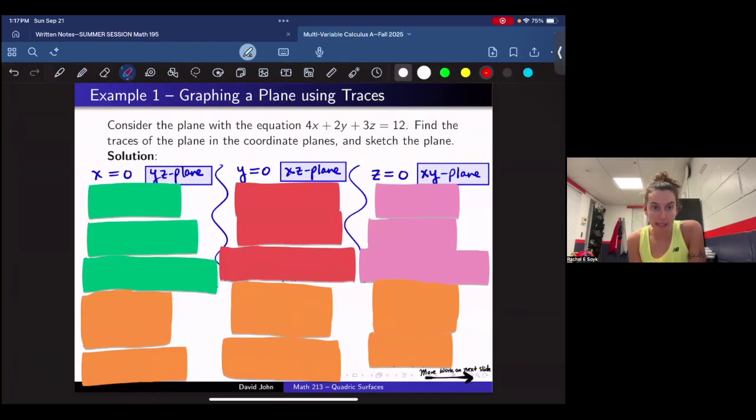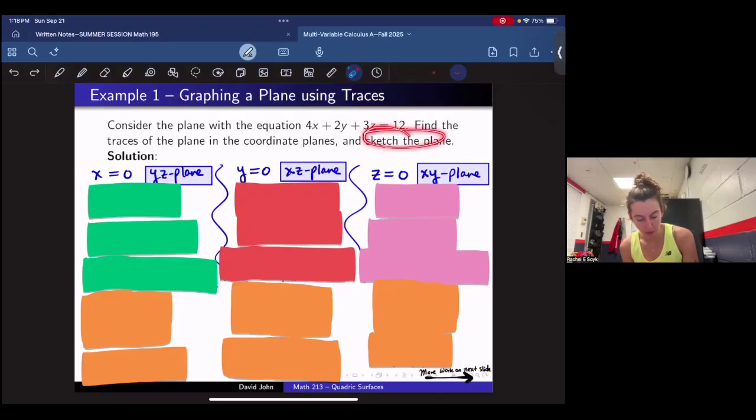So our example 1, we are given the plane 4x plus 2y plus 3z is equal to 12. And we want to find the traces of the plane in the coordinate planes, and then we want to sketch the plane. So how do we find the traces of the plane in the coordinate planes? Well, we're dealing with 3 different intersections.